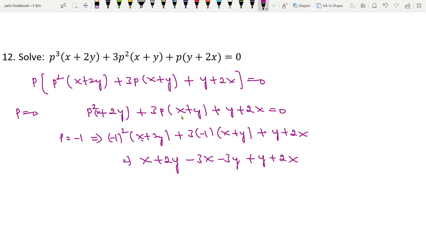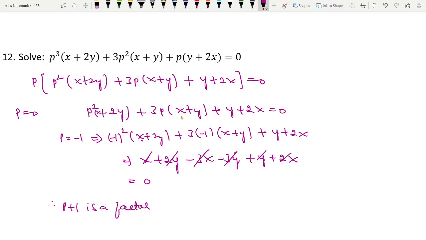So 2y plus y is 3y, 3y cancelled with minus 3y. 2x plus x is 3x, 3x cancelled with minus 3x, which is equal to 0. So p is equal to minus 1 is a root. So then p plus 1 is another factor.